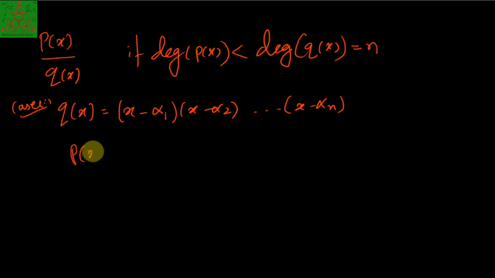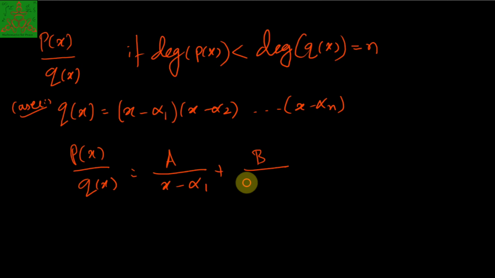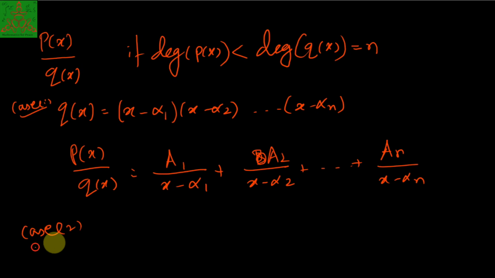Then p of x upon q of x you have to represent as a1 upon x minus alpha 1 plus a2 upon x minus alpha 2 up to an upon x minus alpha n.